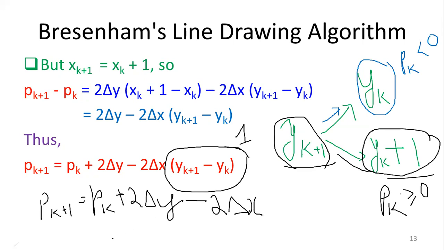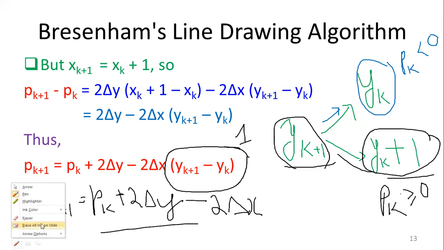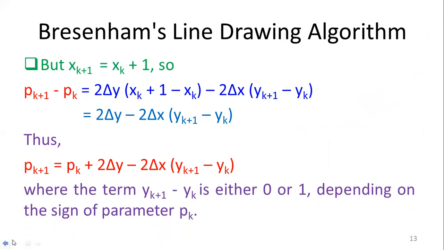I hope you remember this equation. It is there in the algorithm. So yes, the term yk plus 1 minus yk is either 0 or 1 depending on the sign of parameter pk. Whether pk is less than 0 or greater than or equal to 0, depending on that, yk plus 1 minus yk will be 0 or 1.